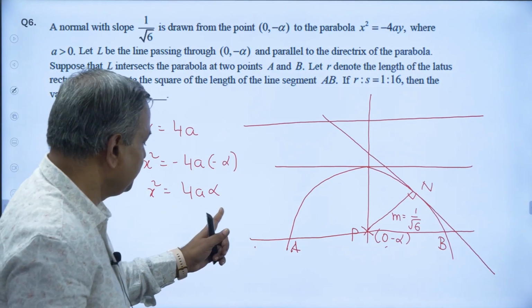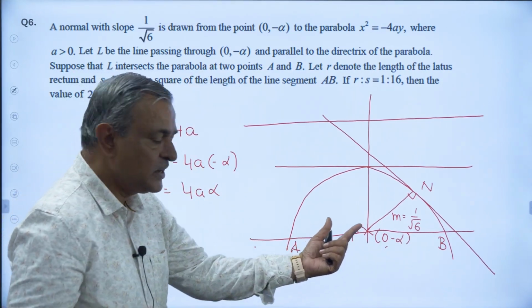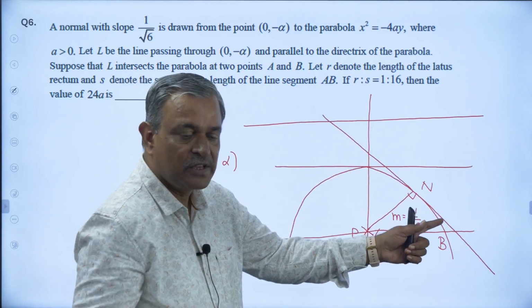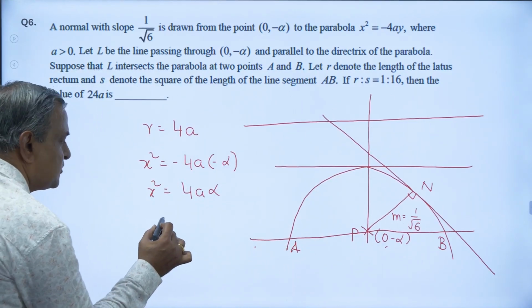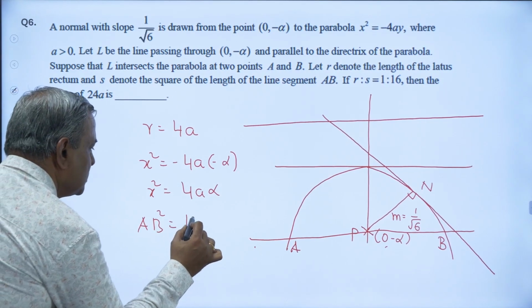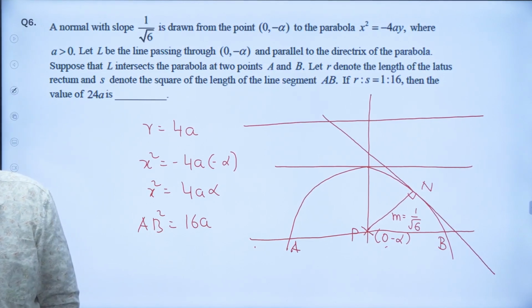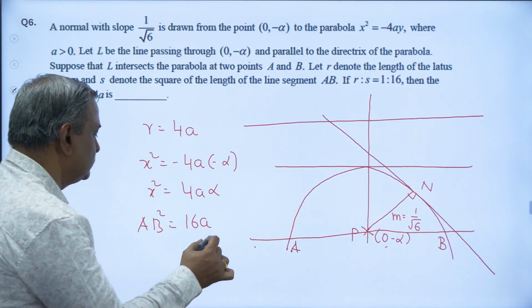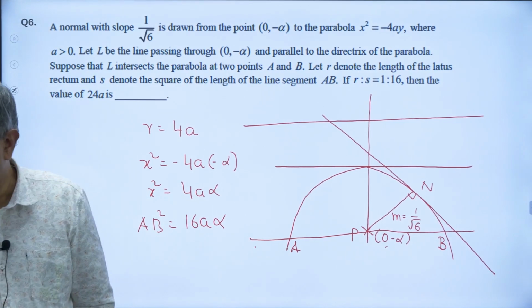So what is the distance S now? This is x1 square and this is x2 square. So the square of the distance they are asking is x2 minus x1, so distance AB square will give you 16a alpha.